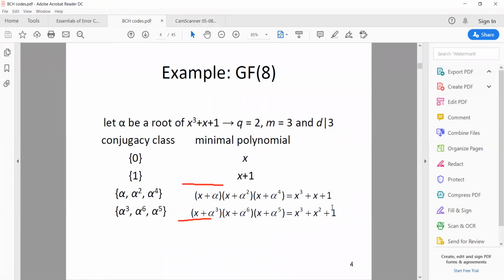So that's why this is written: when the roots are alpha, alpha square and alpha to the power 4, this is the polynomial equation. And the same when I'm considering x cube plus x square plus 1, the roots are alpha cube, alpha to the power 5 and alpha to the power 6.